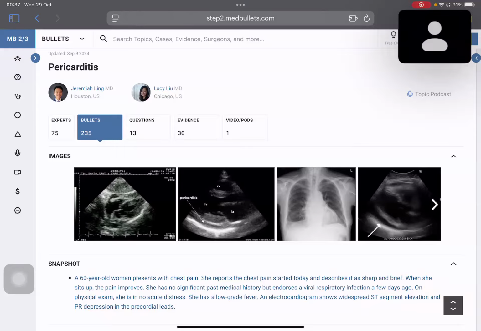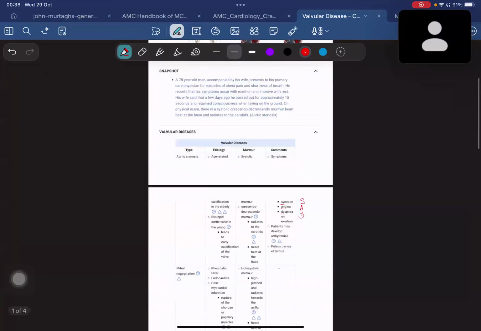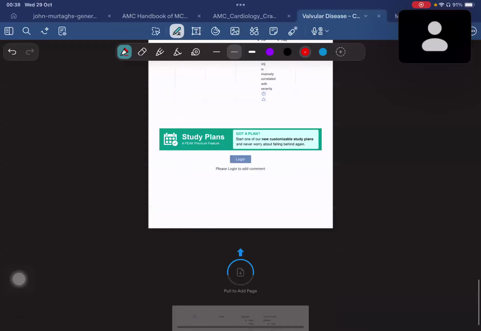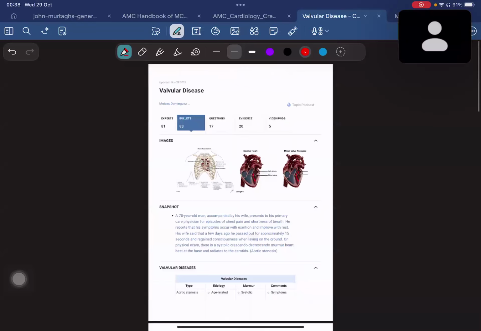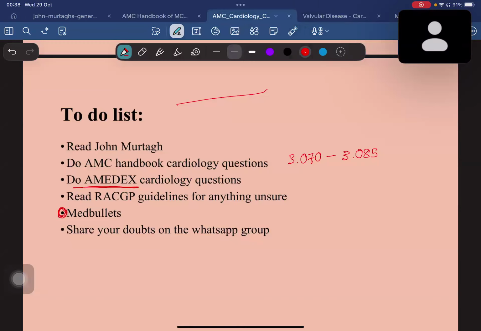That way you can make your theory studying faster. I think a couple of Med Bullets notes saved me because I couldn't make notes for everything when I was studying. So yeah, that's pretty much the basic structure I wanted to put you all through in cardiology.